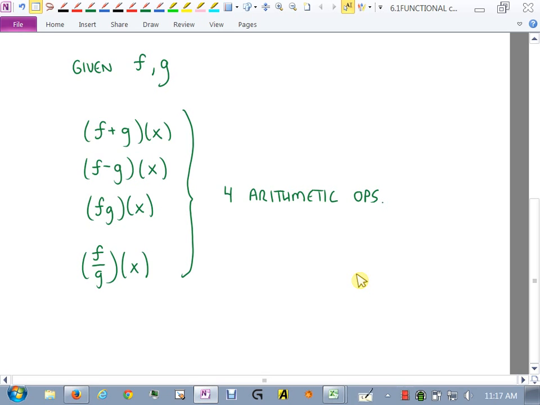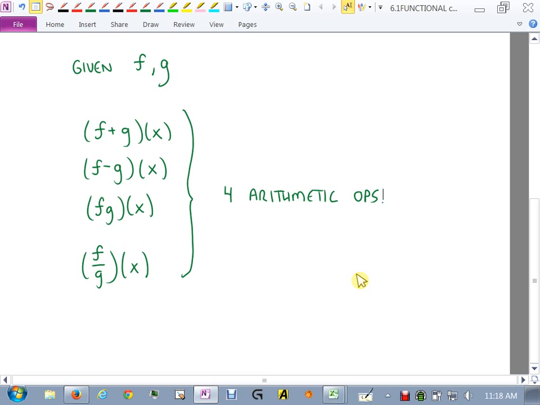Just like what we grew up using when we were kids. You add, you subtract, you multiply, you divide, right? So if we start with two functions, right now we know how to do those four things with two functions, right? Today is all about a fifth operation that you cannot do with numbers. You can only do with functions.